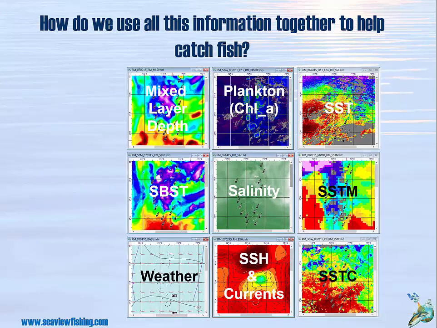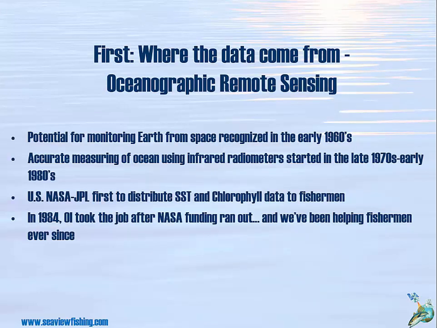The question you may be asking is, how do I use all of this information to find the fish and catch more of them? Let's start with a quick lesson on what we call oceanographic remote sensing.